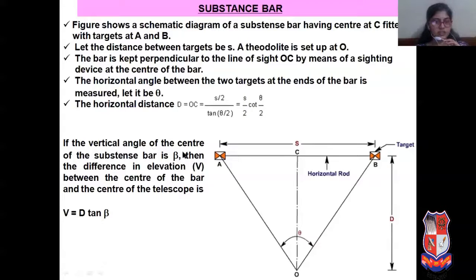If the vertical angle of center of subtense bar is beta, then the difference in elevation between the center of bar and the center of telescope is V is equal to D tan beta.